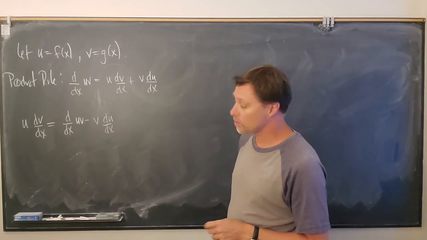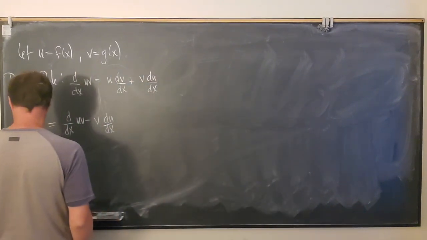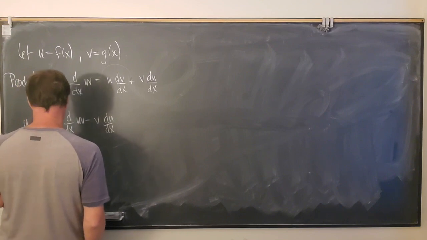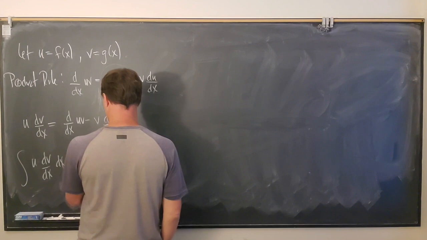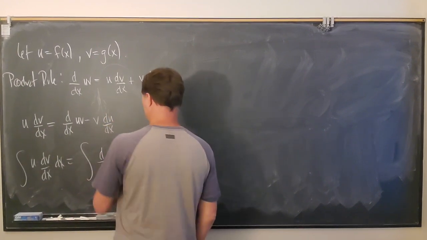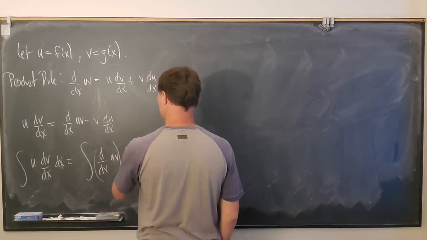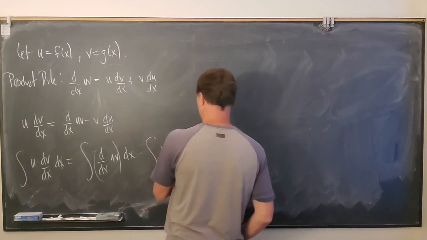And now what I'd like to do is integrate both sides with respect to x. So we'll get the integral of u dv/dx dx equals the integral of the derivative of u times v dx minus the integral of v du/dx dx.